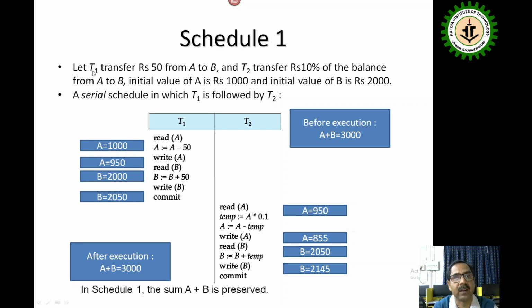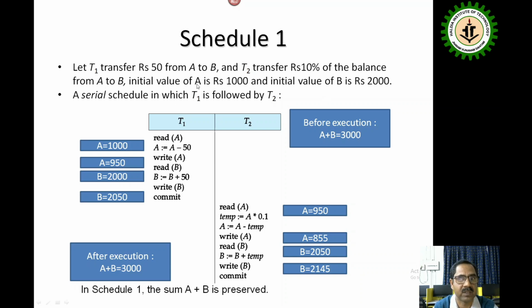So here, let transaction T1 transfer rupees 50 from account holder A to account holder B. So that means we consider here two account holders of a bank, A and B, and account holder A transfers rupees 50 to account holder B. Also, we assume transaction T2 transfers 10% of the balance from A to B. Initial value of A is 1000 and initial value of B is rupees 2000.